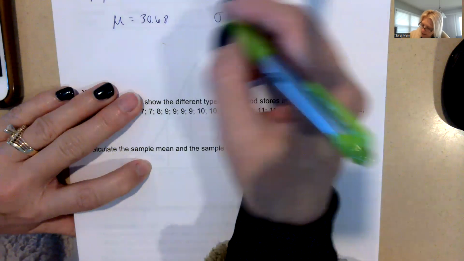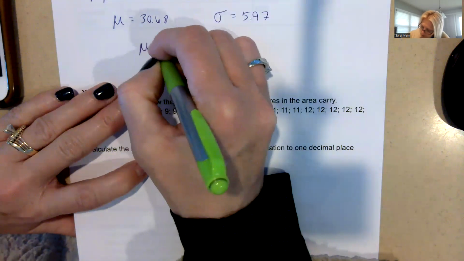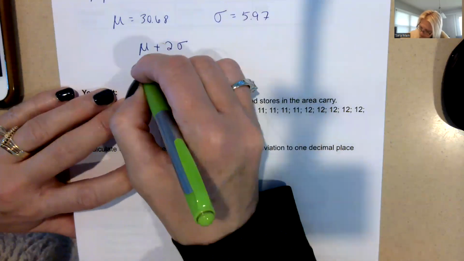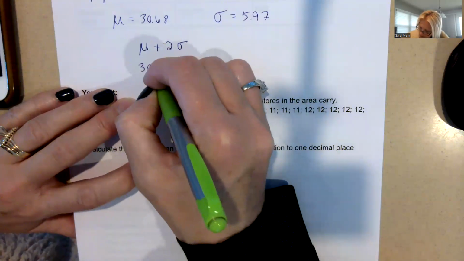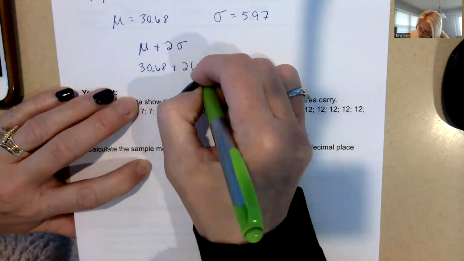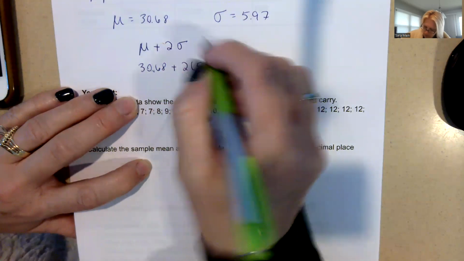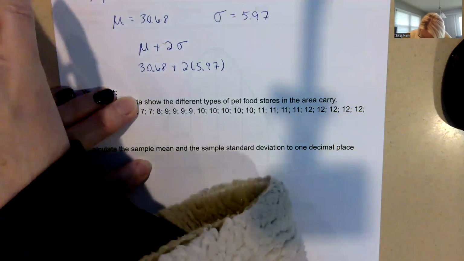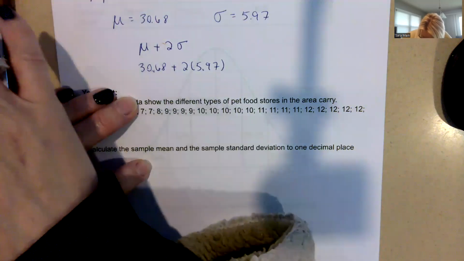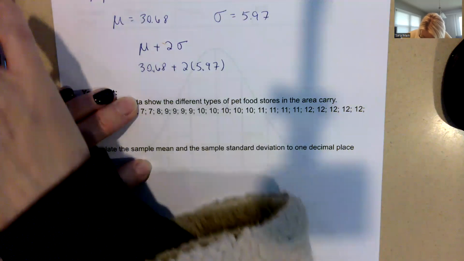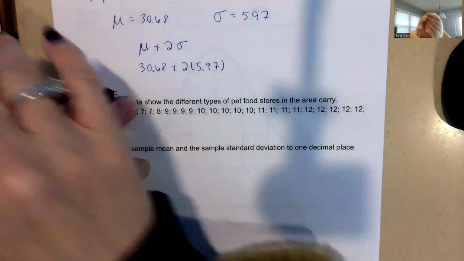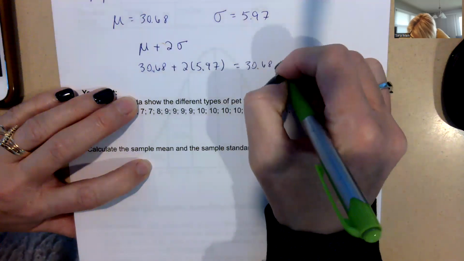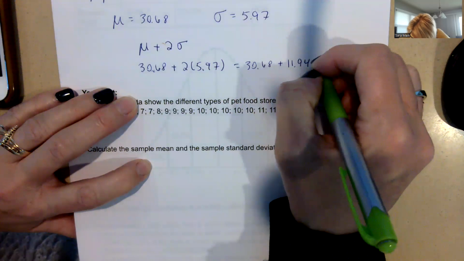So above the mean means I'm going to take the mean plus 2 times that standard deviation. So 30.68 plus 2 times 5.97. So I'm going to do 5.97 times 2. So this is going to be 30.68 plus 11.94.